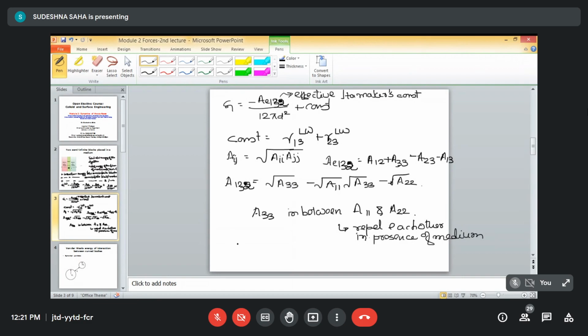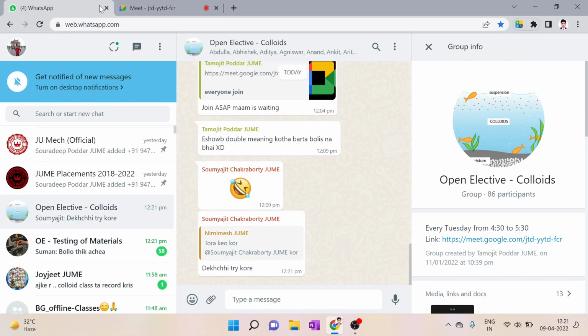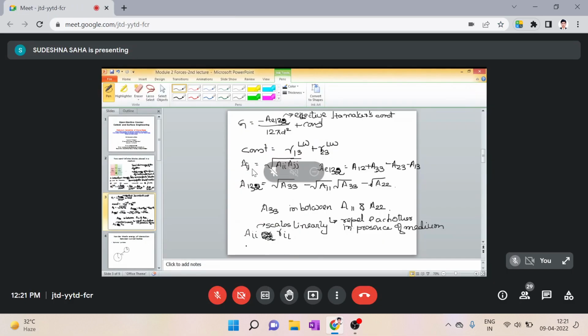Also, we have previously seen that Aii or Ajj is not proportional but actually scales linearly with gamma ii. That means if Aii increases, gamma ii increases; if Aii decreases, gamma ii decreases.